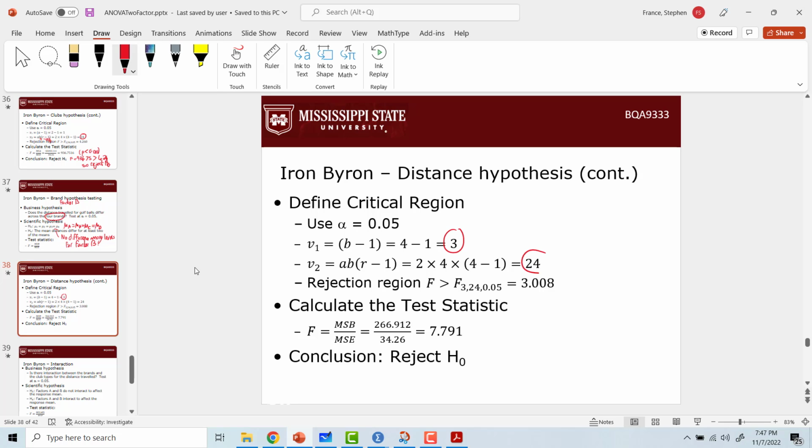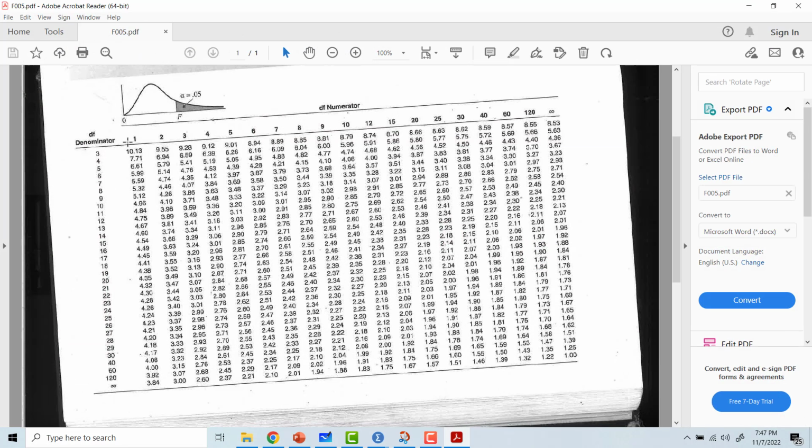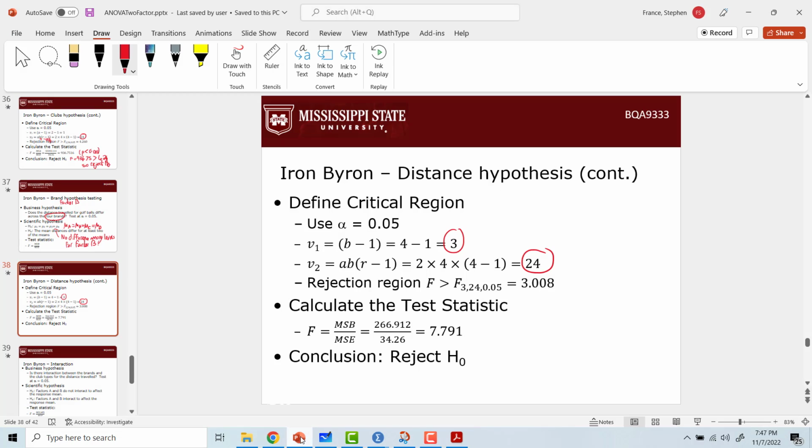The error degrees of freedom does not change, 24. So we go across 3 on the numerator, 24 on the denominator, and we have 3.01 or 3.008. I guess, again, I was doing that from Excel.